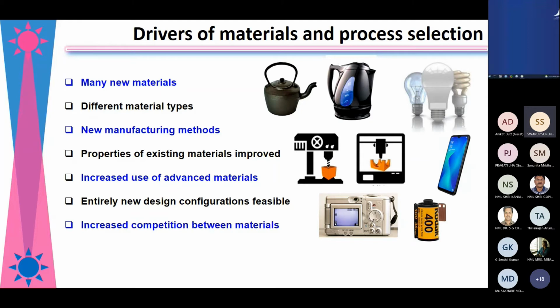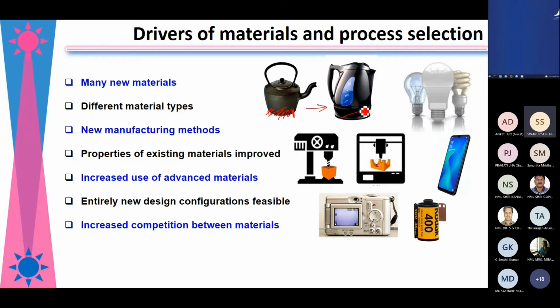For example, earlier a kettle was made of cast iron, now it is plastic. This had to be conductive to heat the tea inside; now the coil is inside, so you don't require it to be conductive. So what is the difference? There is a change in the idea, and that idea came to manifestation in the form of a plastic kettle.